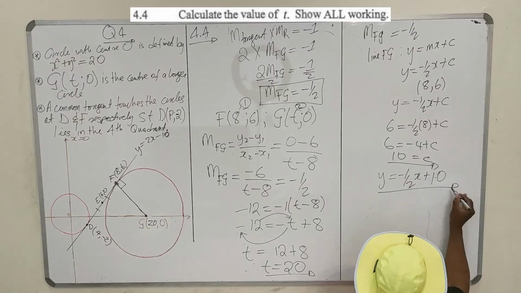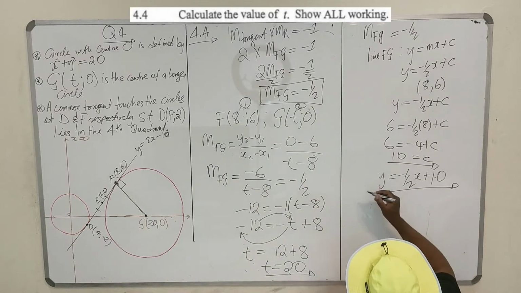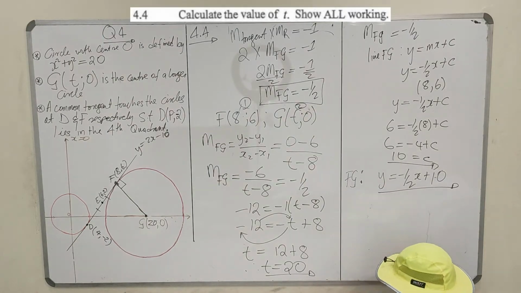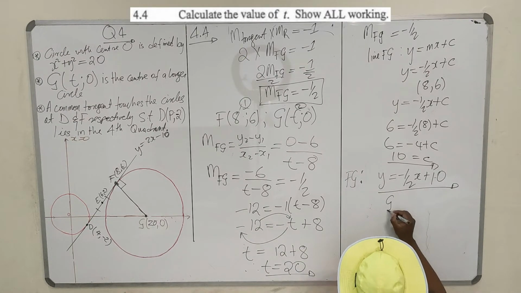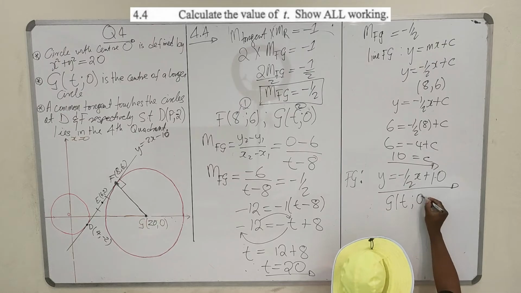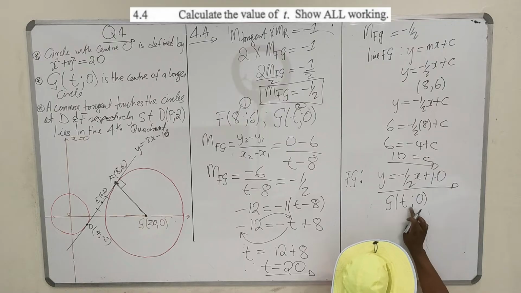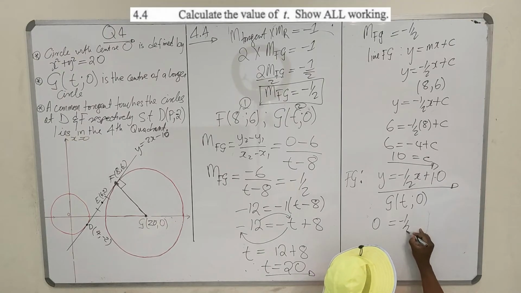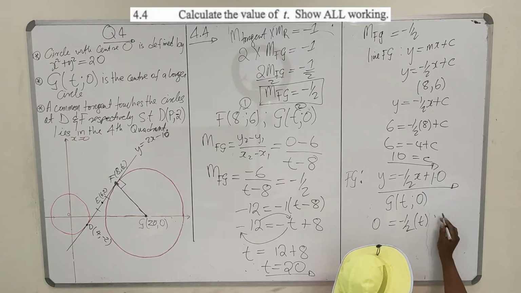So this equation is for the line fg. But the point g has the coordinates t and 0, right? So you can substitute 0 for y: 0 is equal to minus half t plus 10.